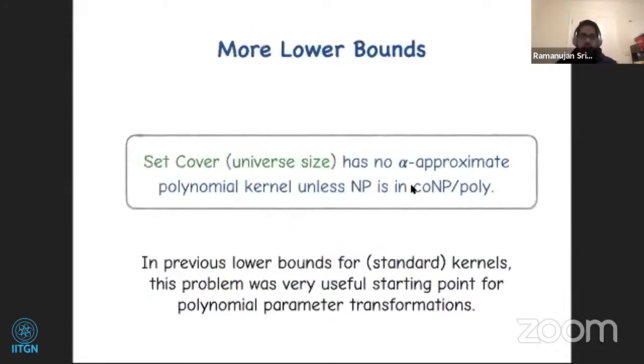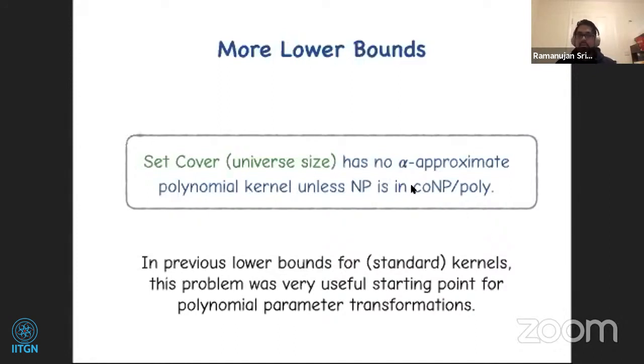Another problem that I'd like to mention is the set cover problem parameterized by the universe size. Again, here we know that there is no alpha approximate polykernel for any alpha unless NP is in co-NP/poly. And the reason why I threw up this problem is because in the classical setting, or rather in the standard kernelization setting, this problem has been a very fruitful source of lower bounds for vast numbers of other problems.